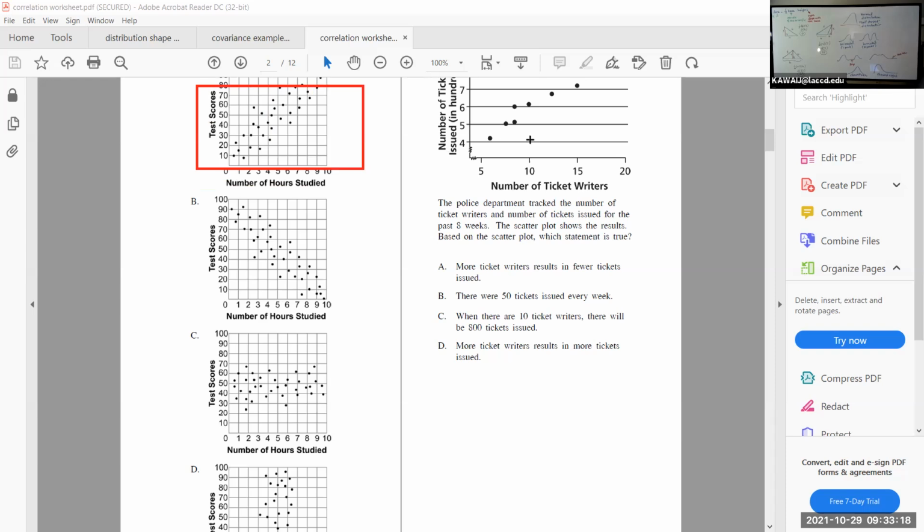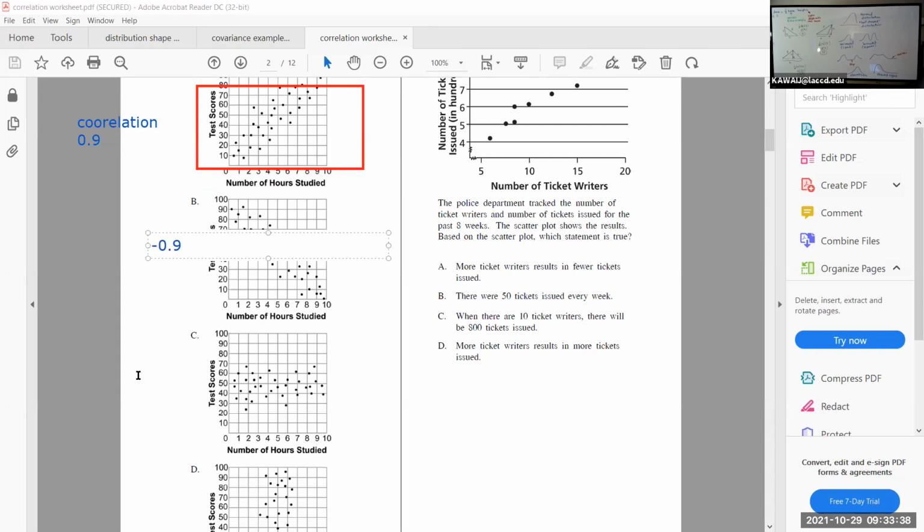That right there is my correlation. Now, over here, my correlation would be about 0.9. Over here, my correlation would be negative 0.9.